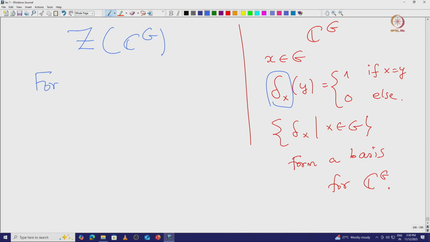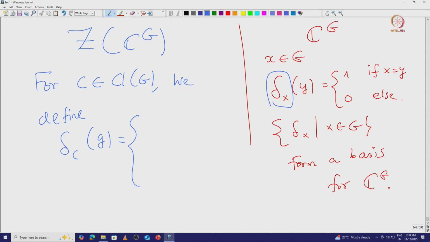So, for C in CL of G, we define this delta C. This is going to be a function that only sees this conjugacy class. That means it is going to be 1 if g is an element of C and 0 otherwise.